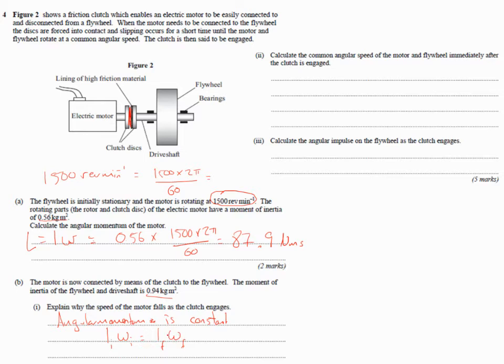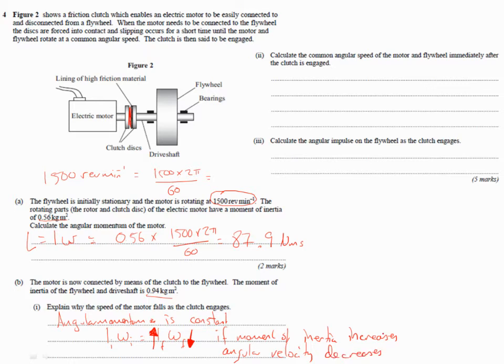So what's happened here? The moment of inertia is increased, so therefore the angular velocity must decrease. So if moment of inertia increases, then angular velocity decreases.